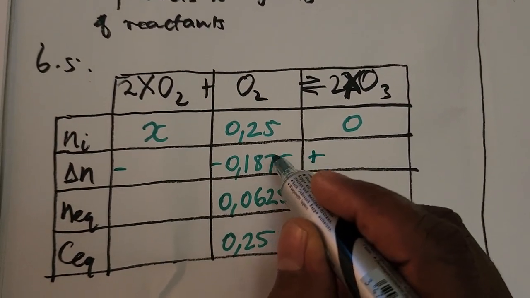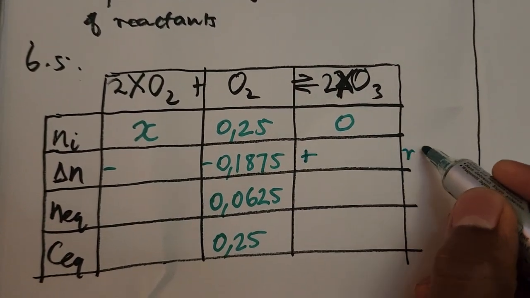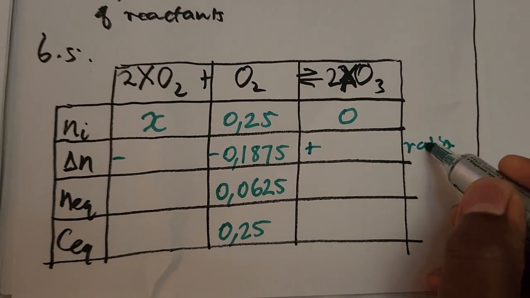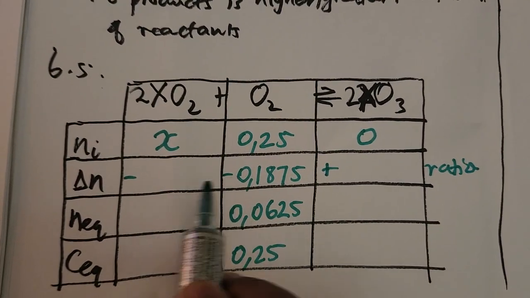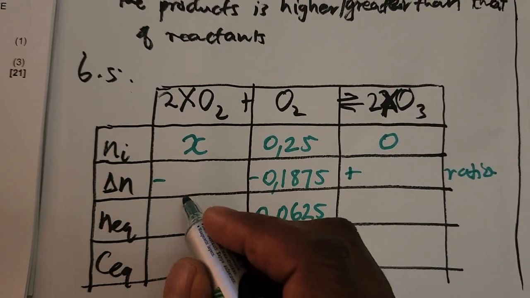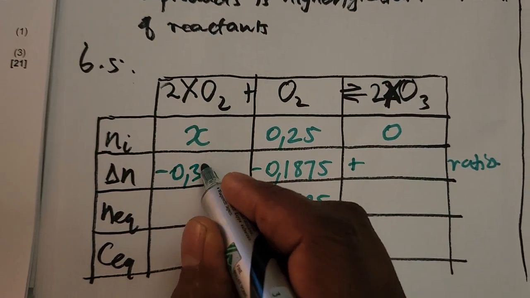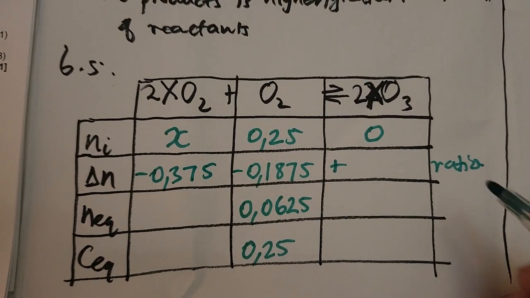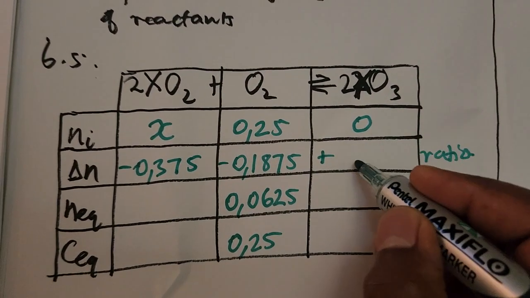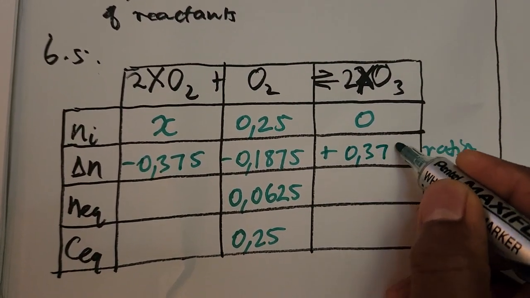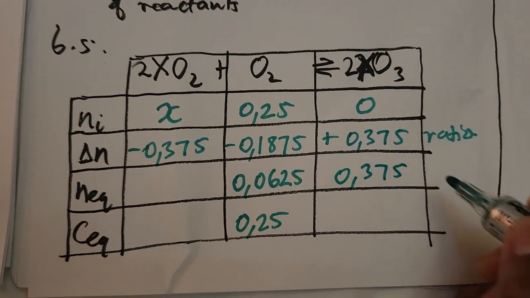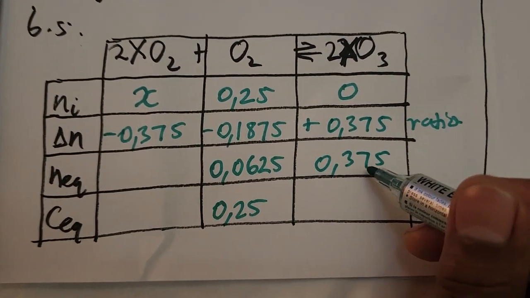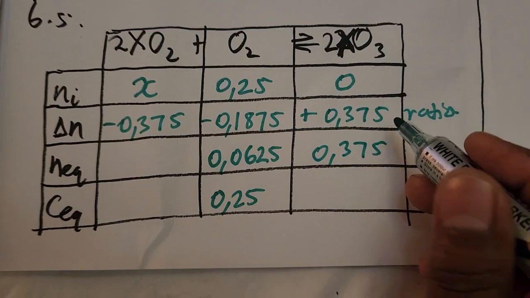Now this one, because it's in the section where I'm using ratio, the ratio is 2:1:2. If this one is 1, what is double it? Then it will be 0.375. And then also this will be the same as this one, 0.375. Then I divide by volume, it's the same as multiplying by 4.